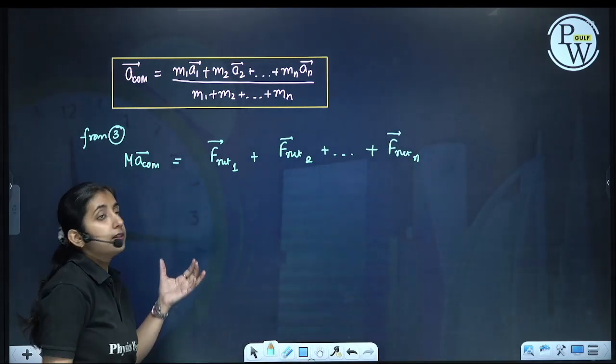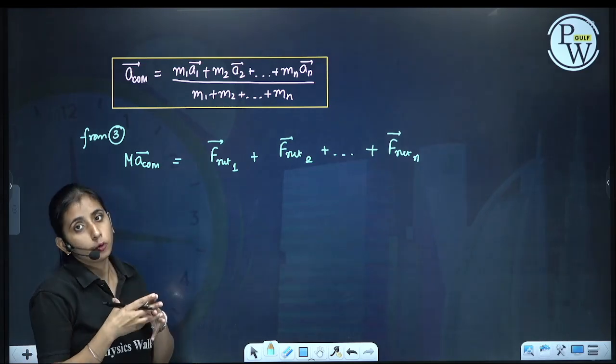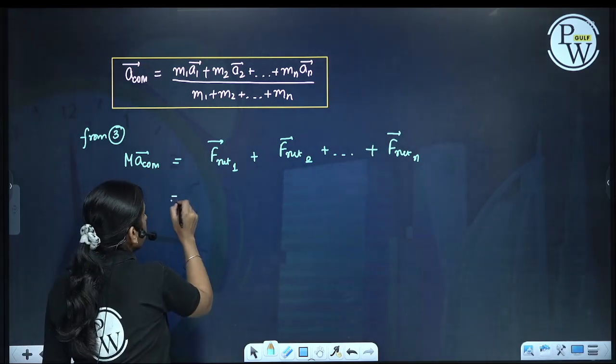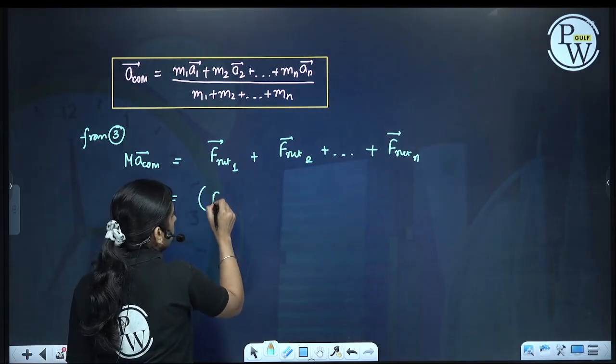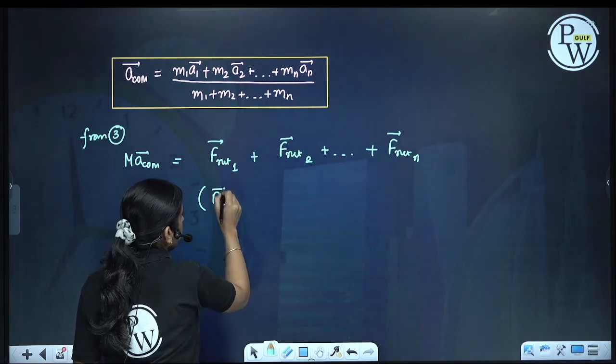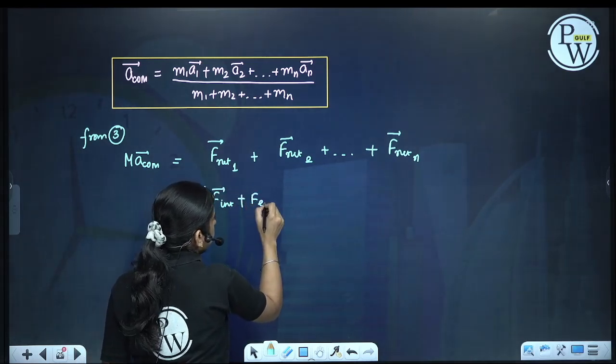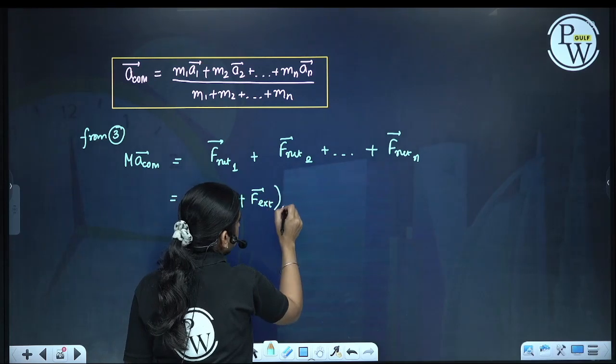Now some forces are internal, some forces are external. So total force on one particle will be internal force plus external force on particle number 1.